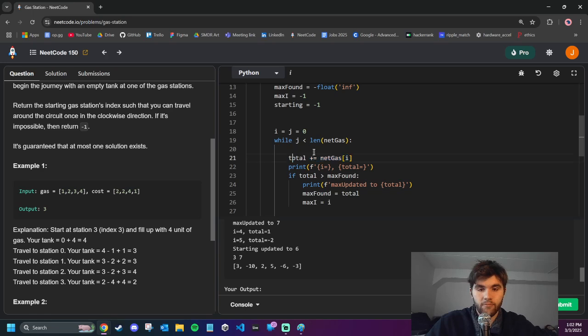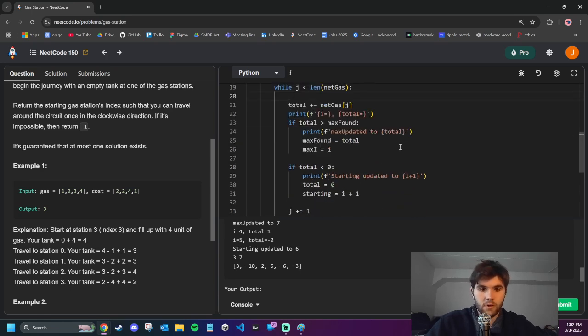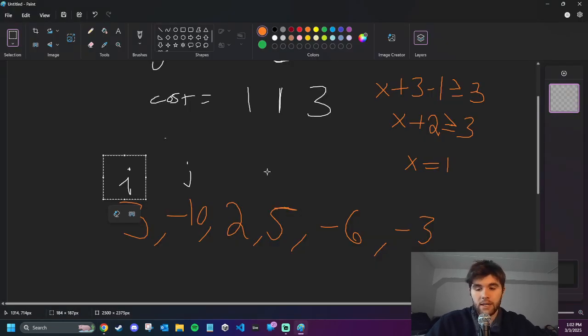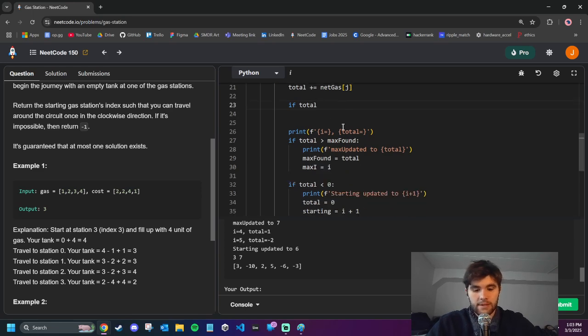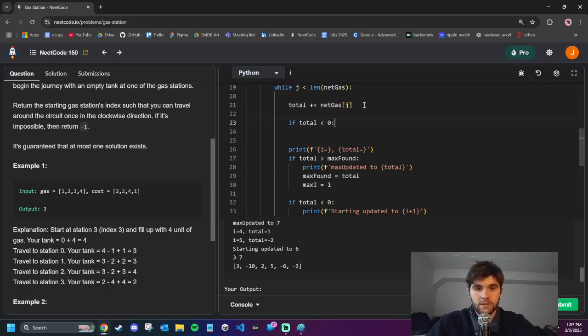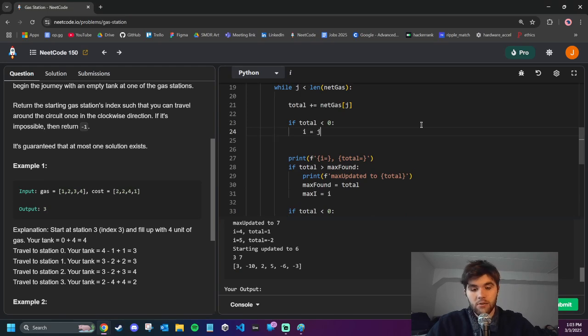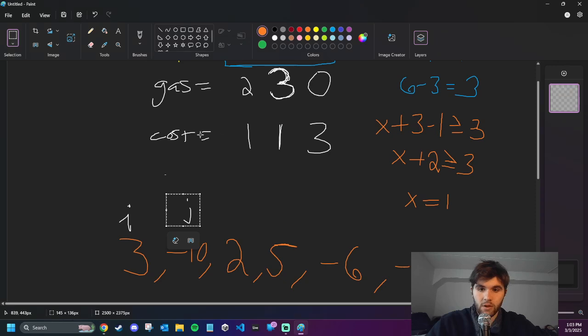All right, so we're going to add J to the total. And then we're going to say if total is less than 0, we want to set I equal to J plus 1.